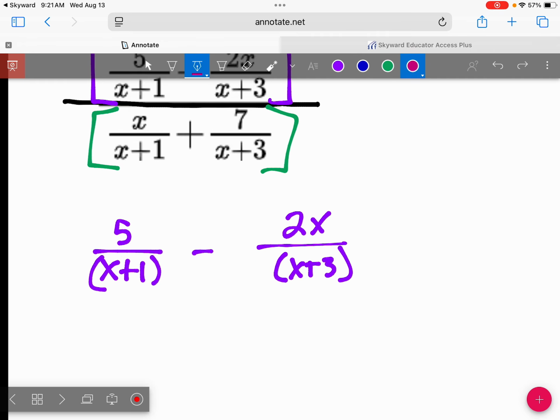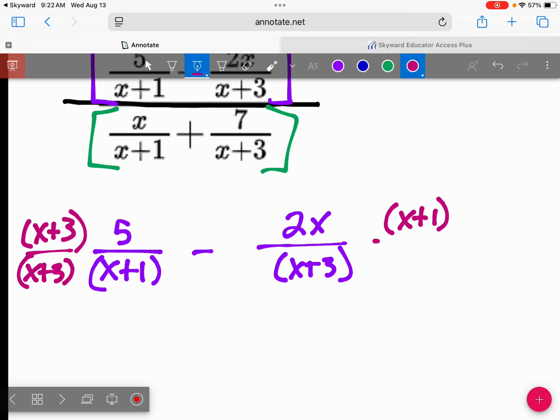So this left side needs to multiply by the x plus 3 over x plus 3, because I can only multiply it by a funny looking 1. And the right hand side needs to multiply by the x plus 1 over x plus 1, the piece it's missing. That's going to get them to have that common denominator.